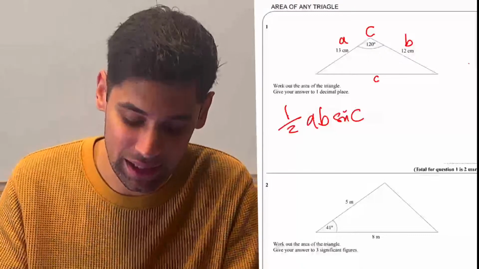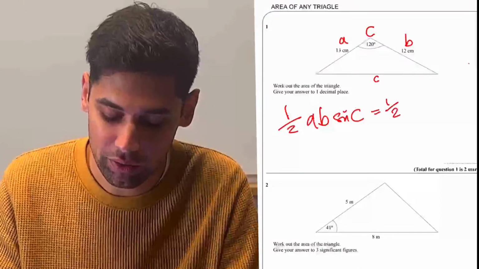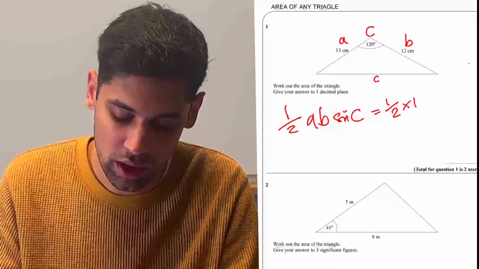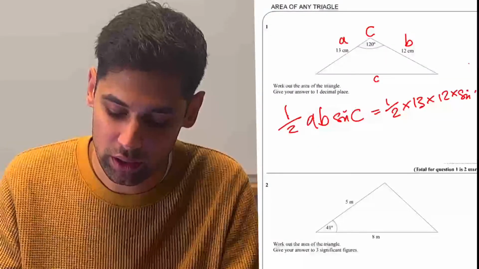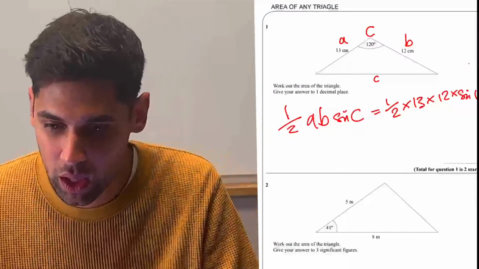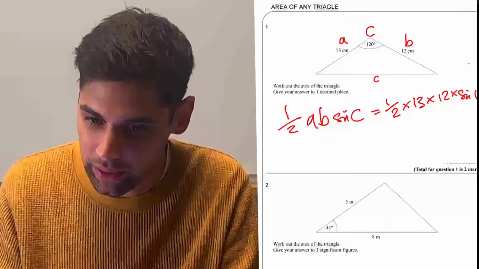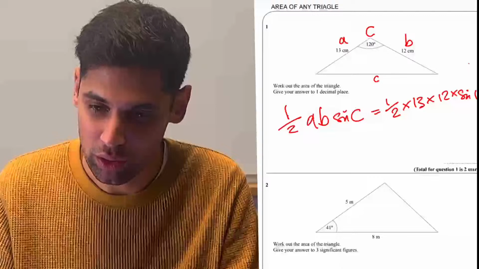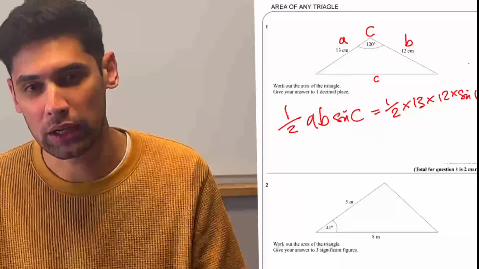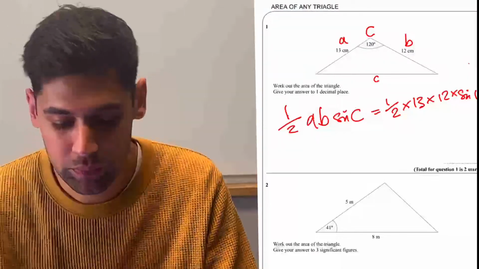So half AB sine C in this occasion is going to be half times 13 times 12 times sine 120. That is a 120 on the end there. I know it's slightly cut off on the screen, but I promise you, it's 120. I'm going to get my trusty calculator here. Hopefully you've got your calculators as well.